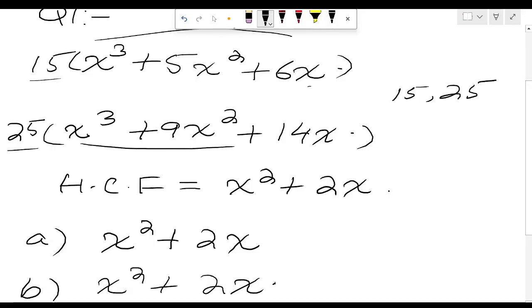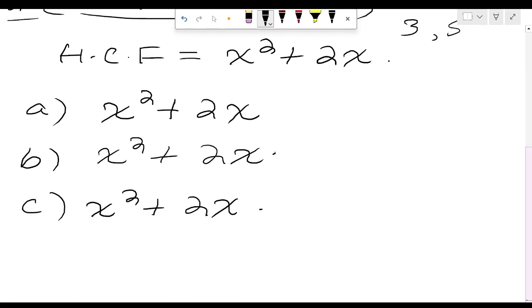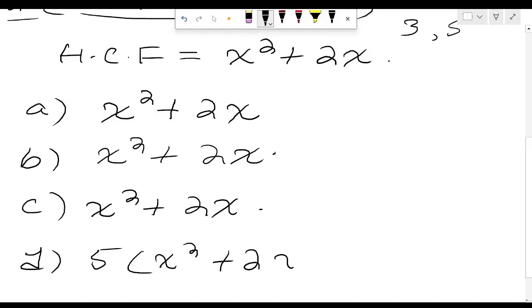You will notice that both of these are divisible by 5. 15 is divisible by 5 and it produces 3. 25 is divisible by 5 and it produces 5. So we can say that the greatest common divisor between these two is 5, right? So the answer will be, for part D, 5 bracket x square plus 2x.